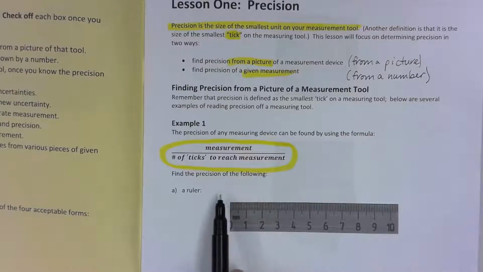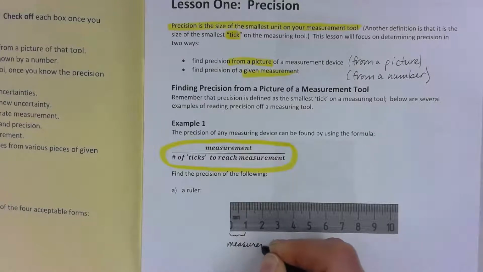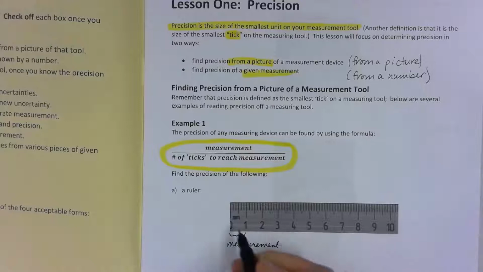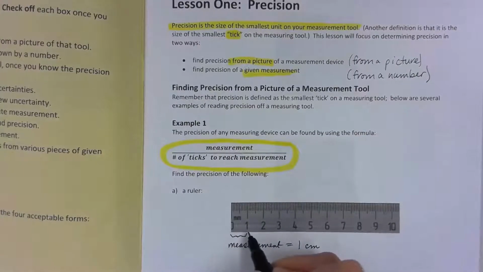So find the precision of the following. All right, so this is a ruler measured in centimeters. From here to here is the measurement, and the measurement itself from here to here is 1 centimeter.